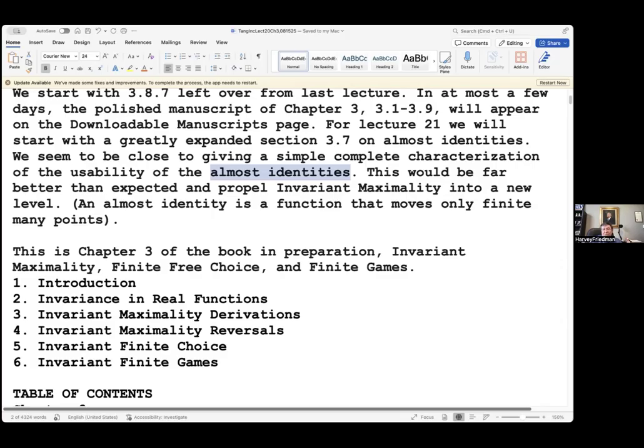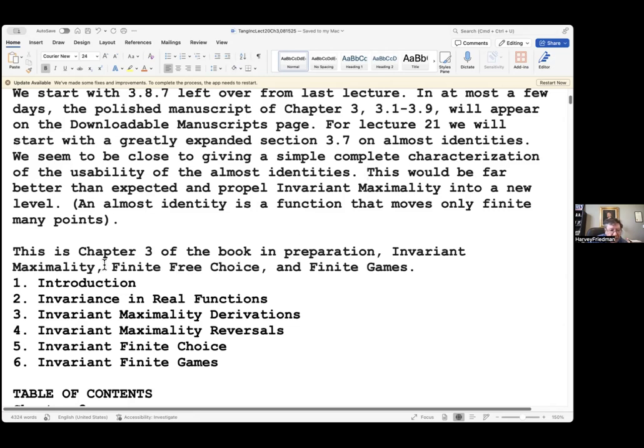But if you want to understand in the same way, with the same conditions, which almost identities are usable, then you're required to use large cardinals. That would be a very nice formulation. Again, there'll be partial results if that doesn't work. There are already partial results, which we're doing now, but there'd be more.